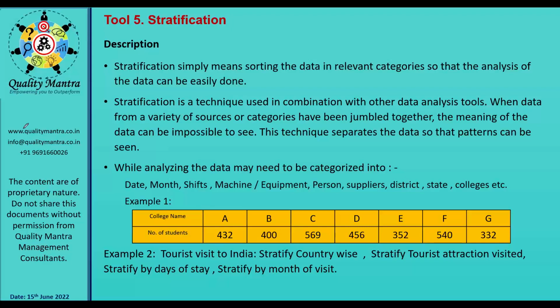Now if you are working in a ministry, say the tourism ministry, and you have been given a task to increase the number of visitors who came to India for tourism purposes.